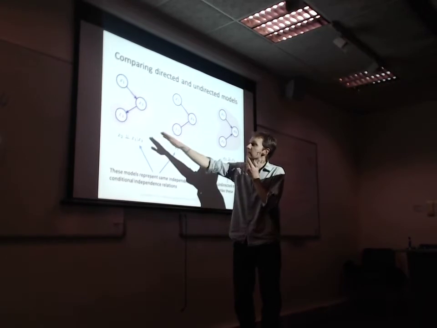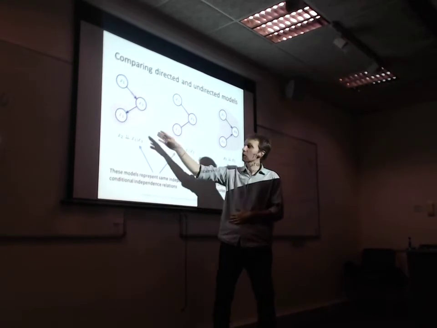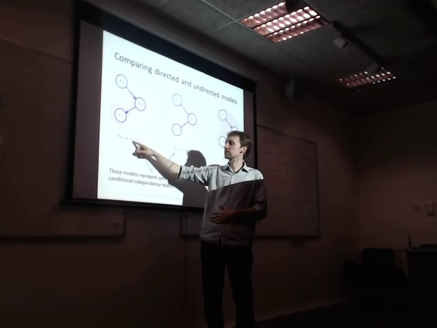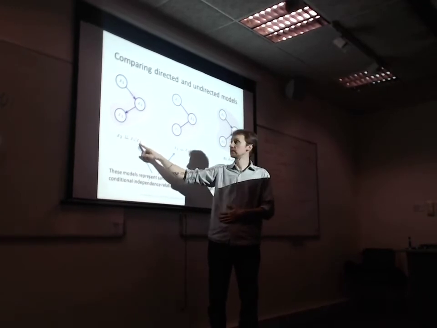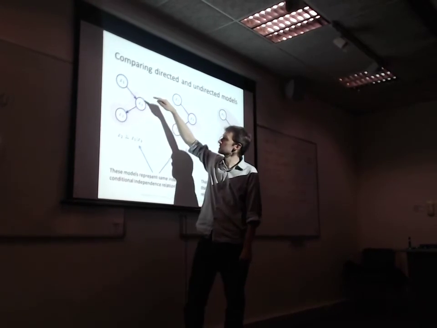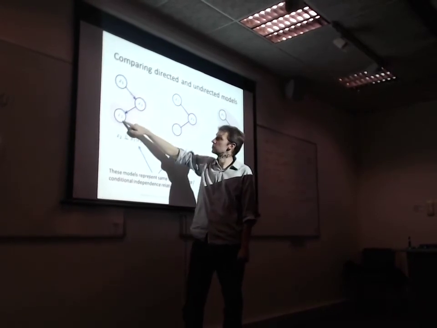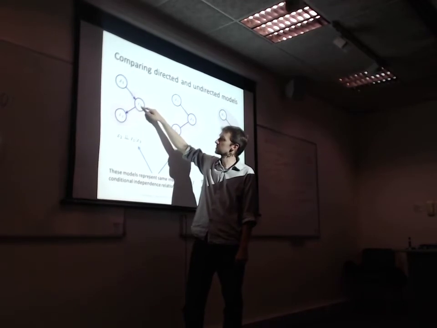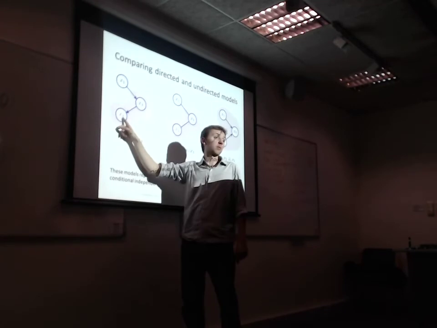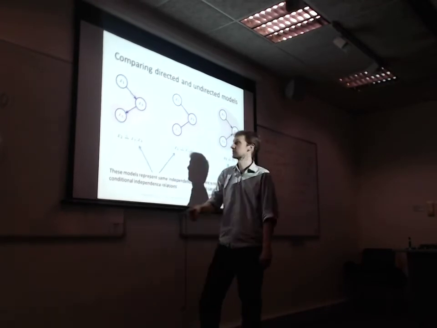Here are 2 graphs that represent the exact same thing. In both of them, x2 is conditionally independent of x1 given x3. Can we see that? x1 is conditionally independent of x2 as long as we're given x3. And what you're seeing here in the pink is the Markov blanket for x2.